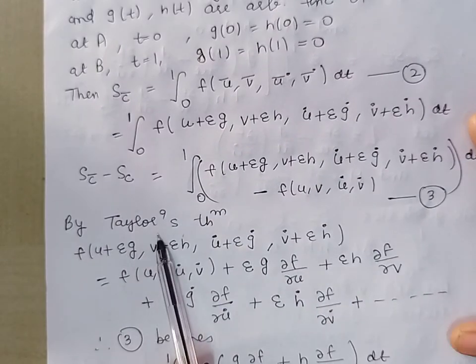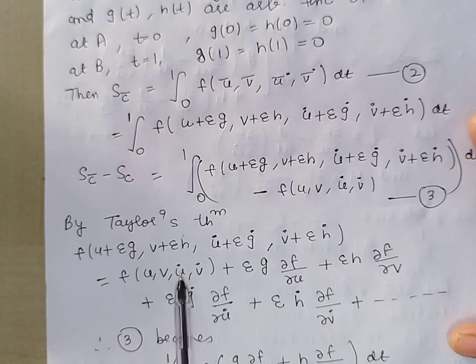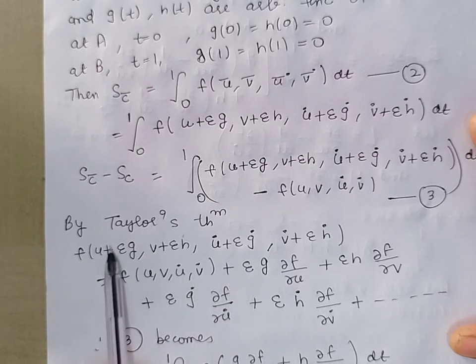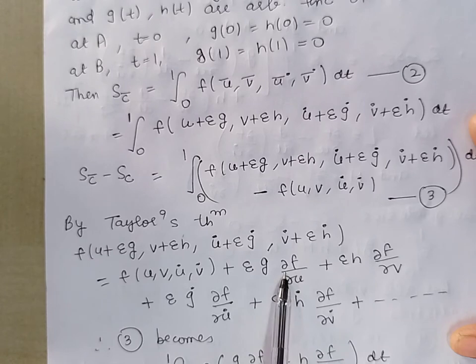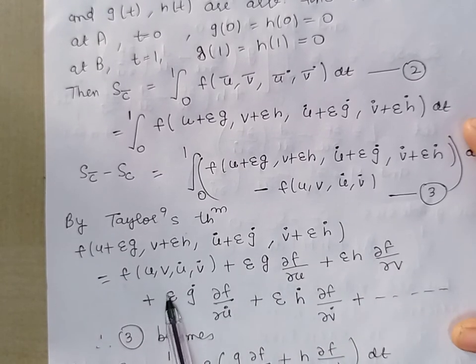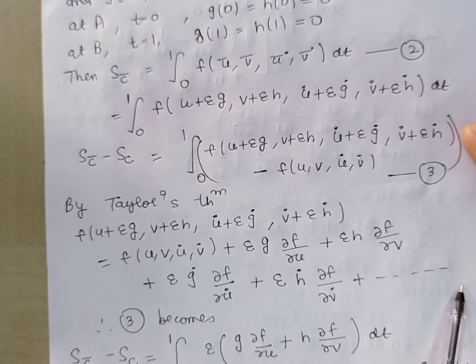So by using Taylor's theorem, the value of this expression is given by function of u, v, u dot, v dot plus epsilon g into ∂f by ∂u plus epsilon h into ∂f by ∂v plus epsilon into g dot ∂f by ∂u dot plus epsilon into h dot ∂f by ∂v dot, and so on.